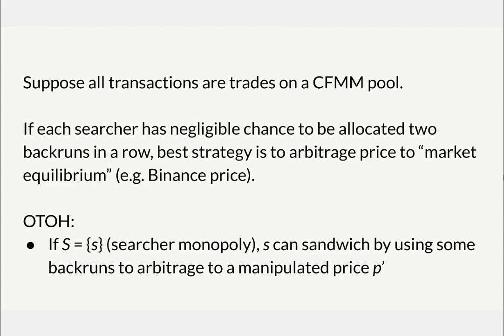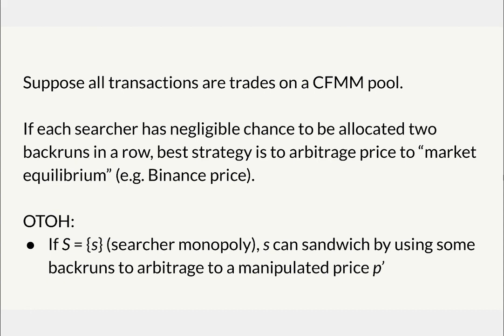And in that context, their best strategy is to do a straightforward pass-through arbitrage, where they move the price back to the price on the largest external markets, for example, the Binance price. On the other hand, in essentially all other cases, it is profitable to try to attempt a sandwich if the probability of achieving it is non-zero.